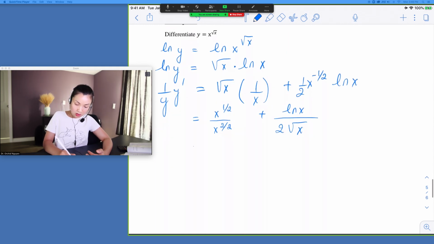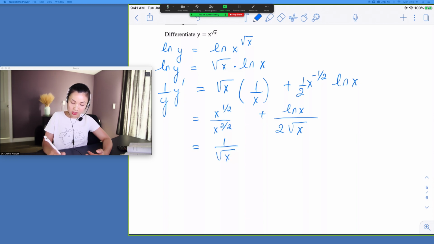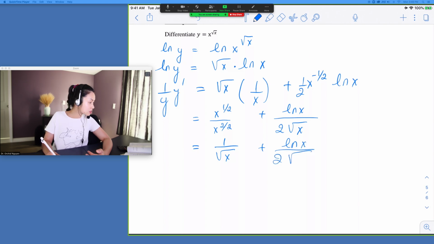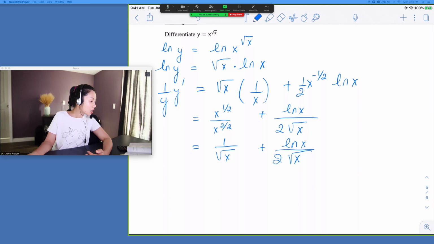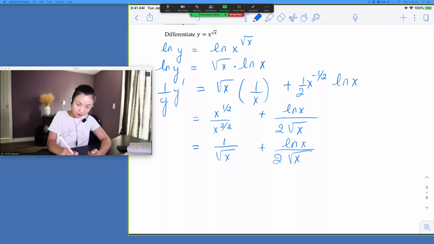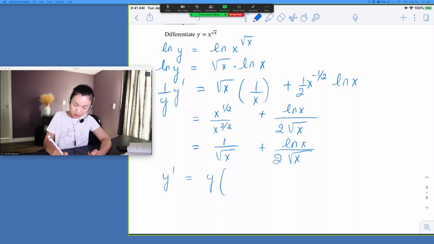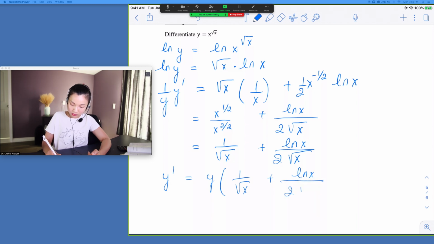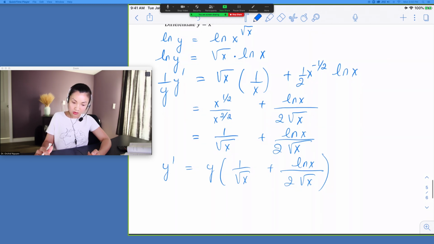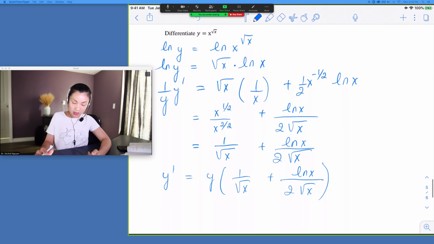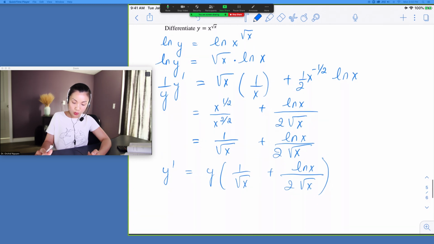Okay, so as you can see, this one I have 1 over square root of x plus ln of x over 2 square root of x. All right, now I'm going to multiply y over. And don't forget y from the very beginning is x to the square root of x.